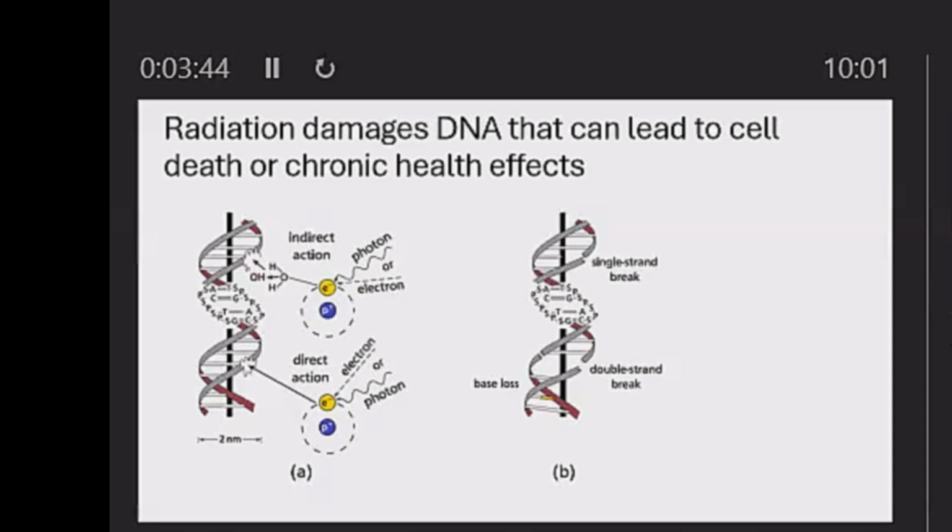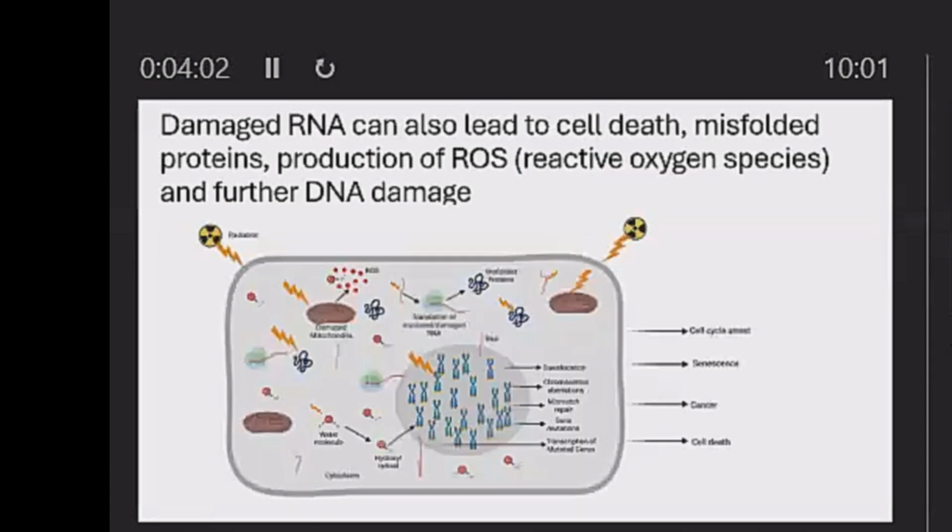You have single DNA strand breaks and double DNA strand breaks, right? Single strands are much more common, but the double DNA strands are much more destructive to the DNA. So that's DNA.